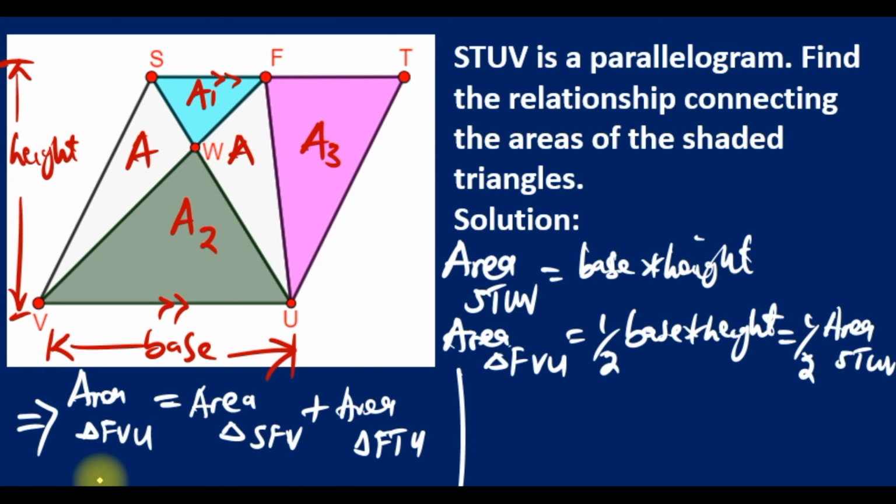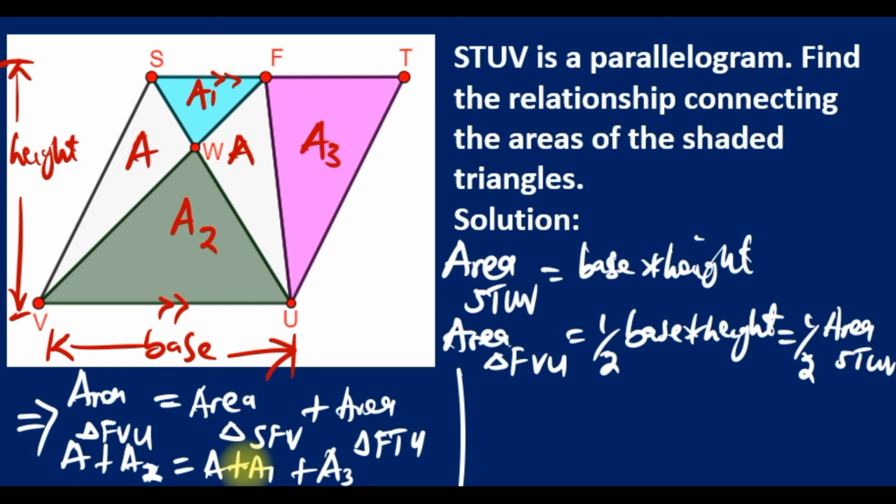I'm saying that this area, this is A plus A1, must be equal to A plus A2 plus A3. So do you see the logic?